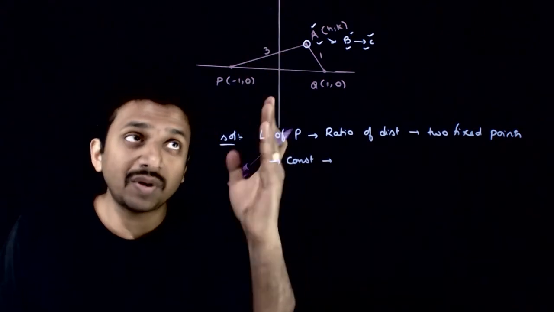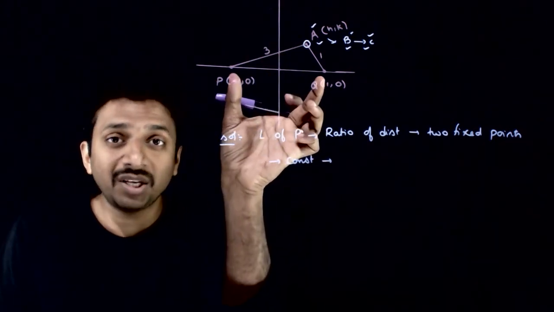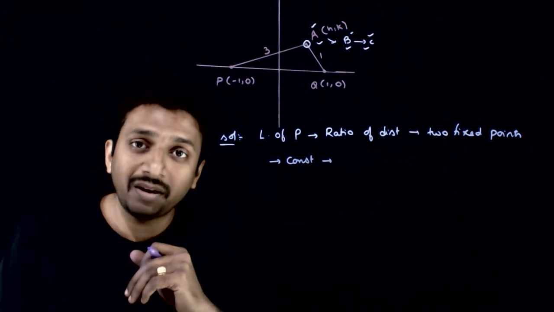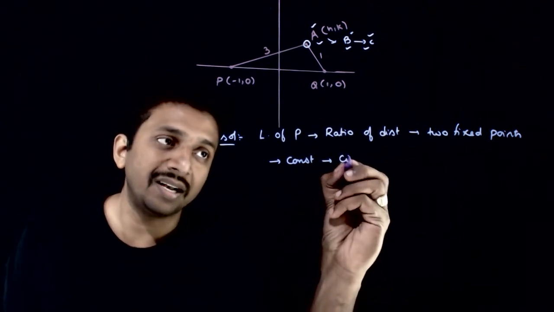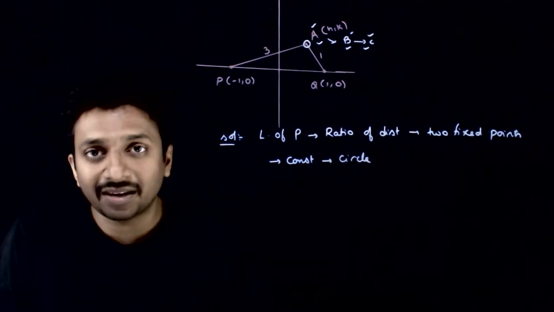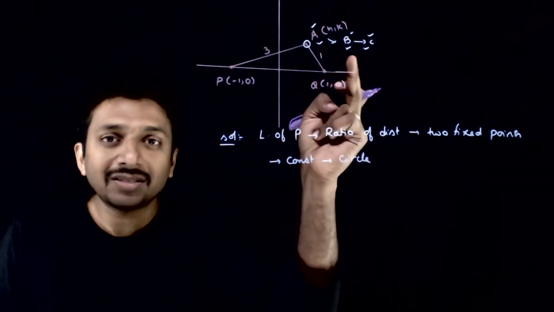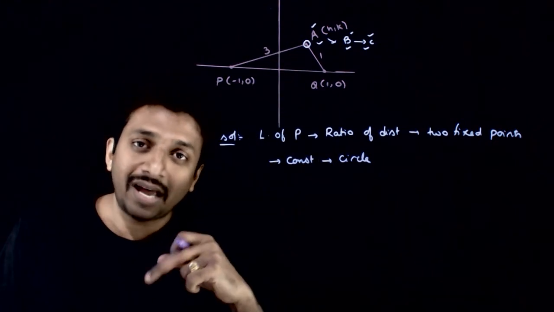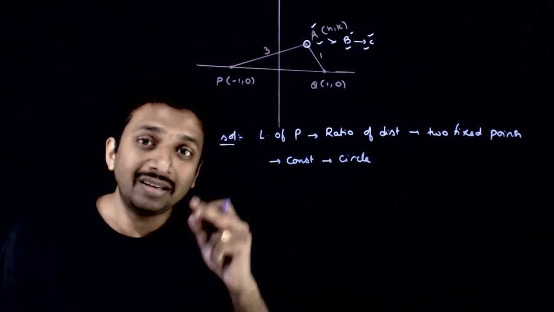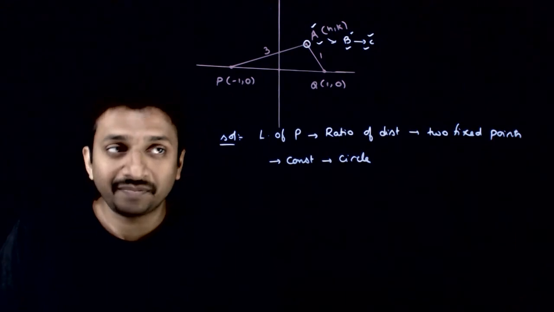If the ratio is 1, that is if the point is equidistant from these two points, the locus will be a perpendicular bisector. Any ratio other than 1 is a circle. That means all these points A, B, C which maintain the ratio 1:3 lie on that circle. And you're asked to find the circumcenter of that circle.